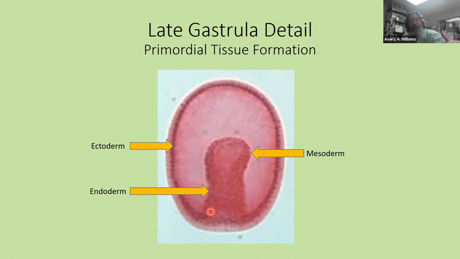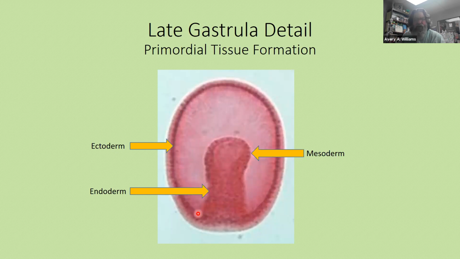If you follow the development, it would go on to form all the muscle in the body and all the connective tissue. In chordates, the connective tissue would include bone and cartilage and fat and all the tendons and ligaments and things like that. And then the muscles, cardiac muscle, smooth muscle, skeletal muscle, all come from this mesoderm.